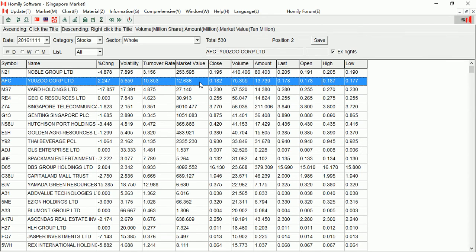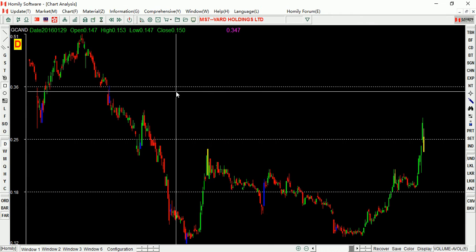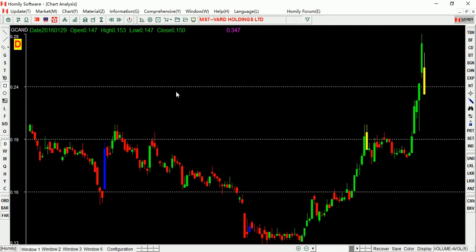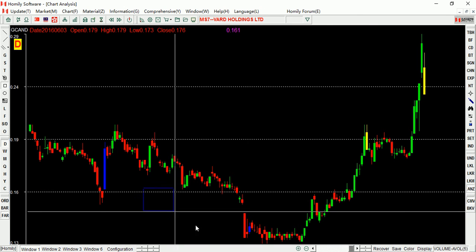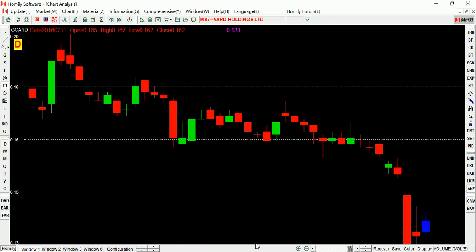This is Yuzu, right? So the next one is 1. This one is strong or not? Yes, it's quite strong. So let's see this one. The blue candlestick appears, right? So we can know that this is the oversold area. We can pay attention.